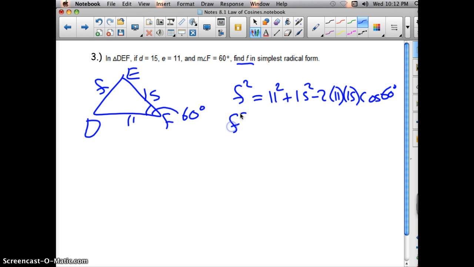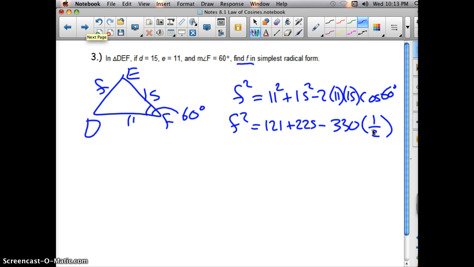So f squared is 121 plus 225 minus 2 times 11 times 15 times the cosine of 60. You can do 2 times 11 times 15, certainly, and that is 330. And then the cosine of 60, from our special right triangle, is 1/2.